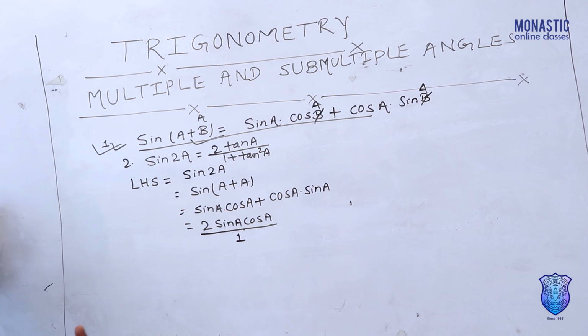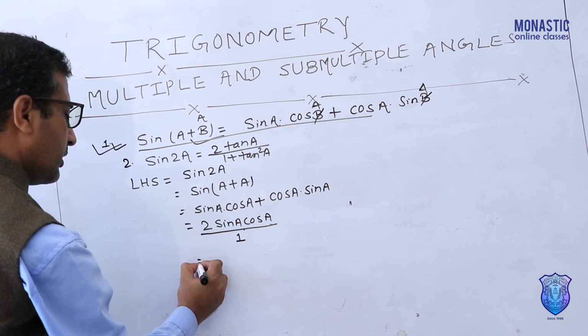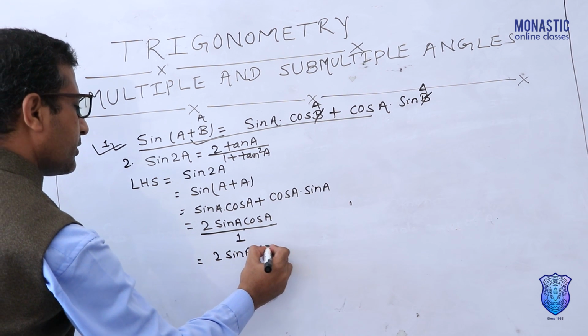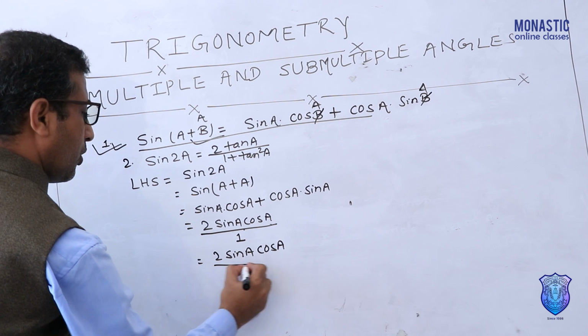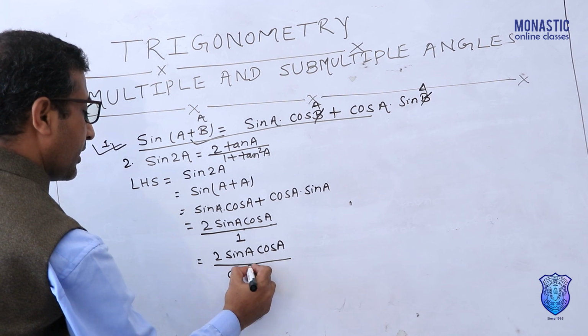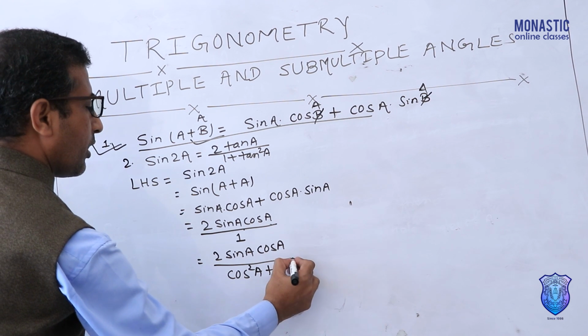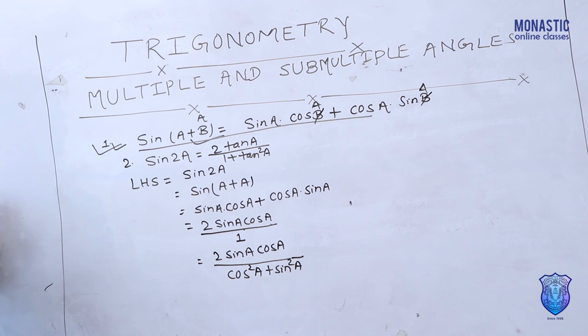Any number divided by 1, the result will not change. Now in place of 1, we can write cos square A plus sine square A, because you know the formula sine square A plus cos square A is 1.